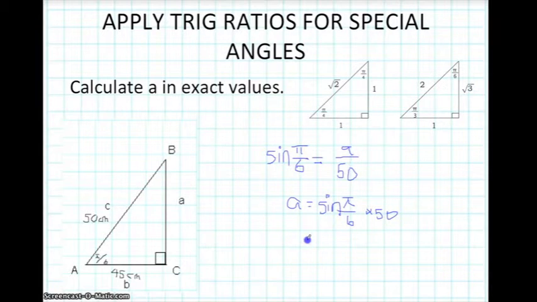And we know that sine pi over 6 is opposite over hypotenuse, 1 over 2. So it's 1 over 2 times 50, so it's half of 50. So it's 25 centimeters.